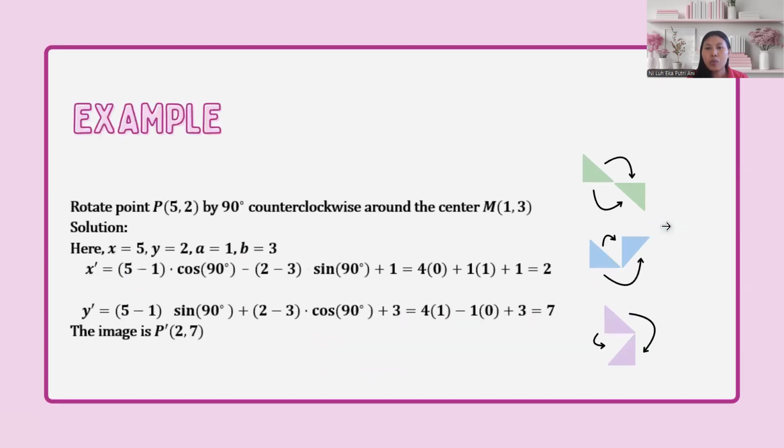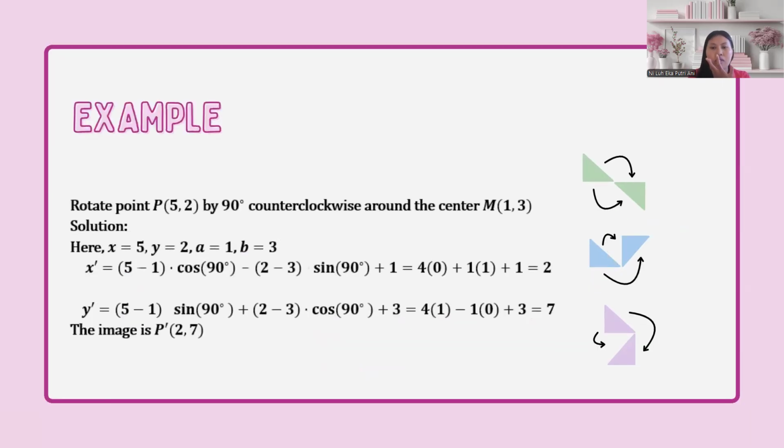Next, we are going to move on to an example. Rotate point P(5, 2) by 90 degrees counterclockwise around the center M(1, 3). Solution: x = 5, y = 2, a = 1, and b = 3.